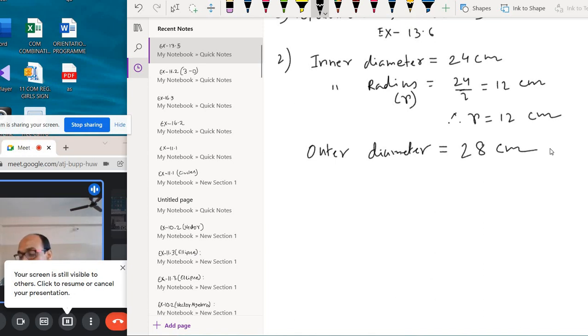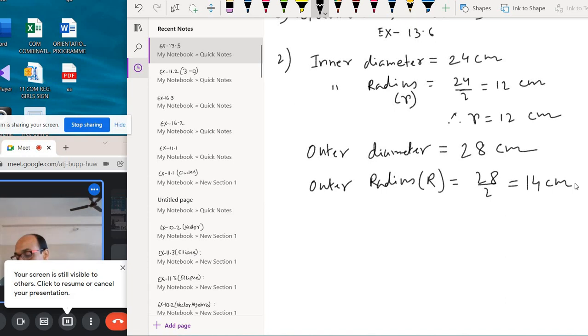So the outer radius, take capital R, 28 by 2, is 14 centimeter.